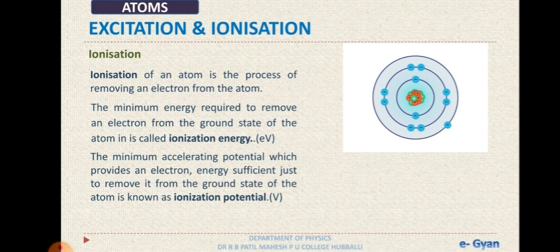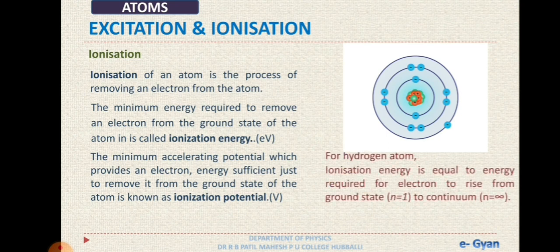The minimum accelerating potential which provides an electron just sufficient energy to remove it from the ground state is called ionization potential. When an electron is removed from an atom, the atom gets converted into an ion, hence the word ionization.